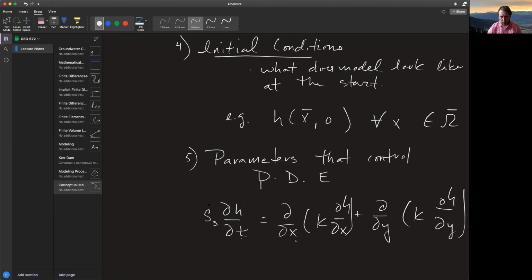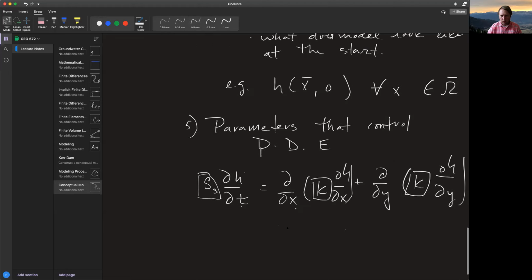Parameters are things like Ss and K, and we need to know their distribution.